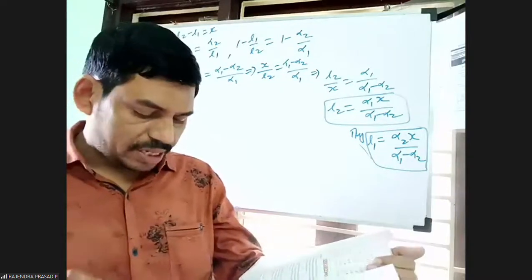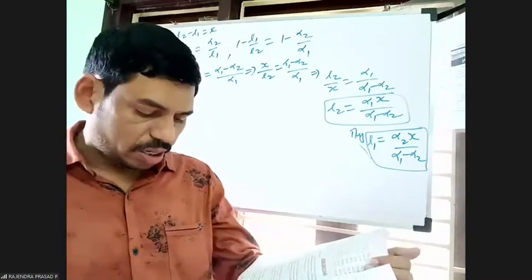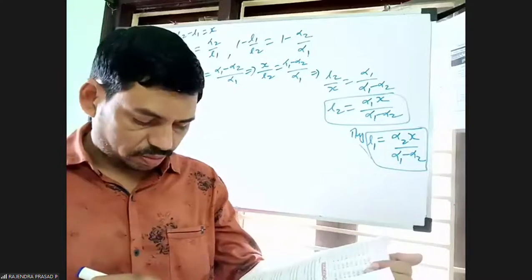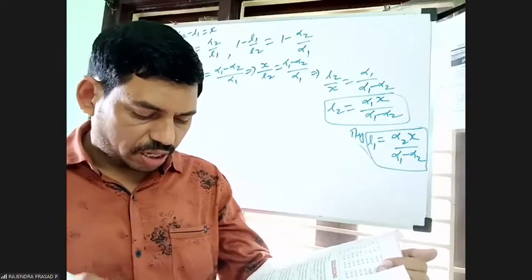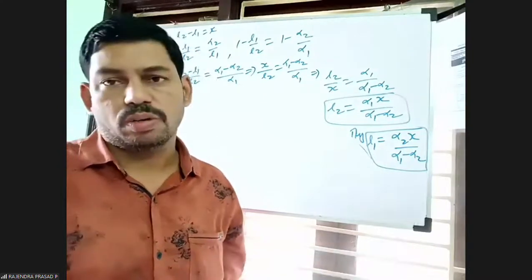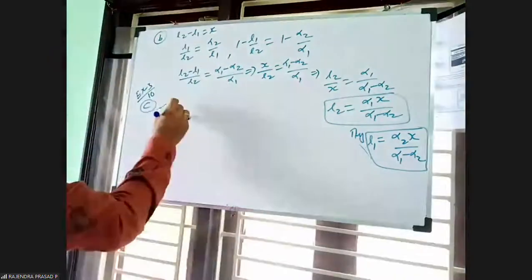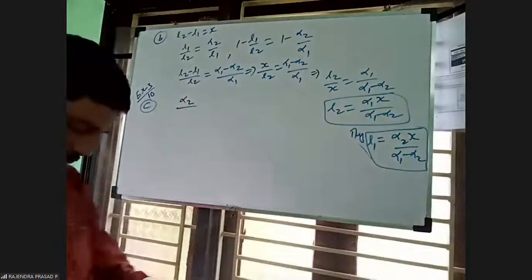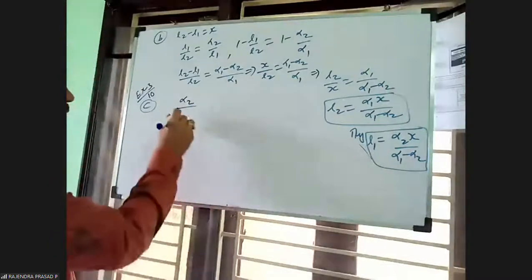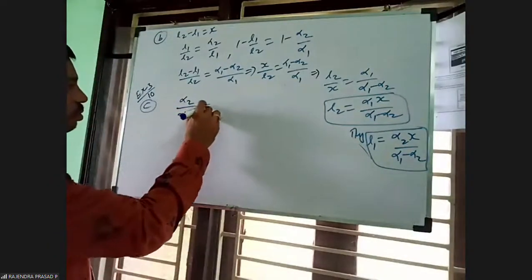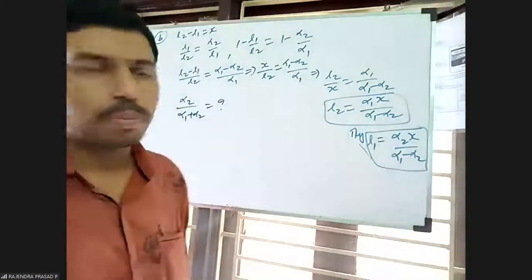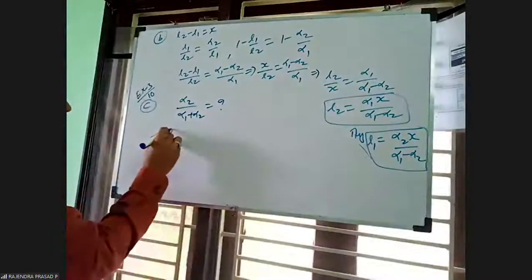When the temperature of the combined rod is raised by T degrees C, the length of each rod increased by the same amount, then alpha 2 by alpha 1 plus alpha 2 is the question.